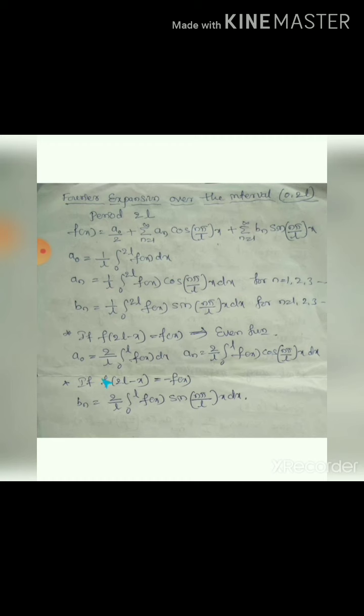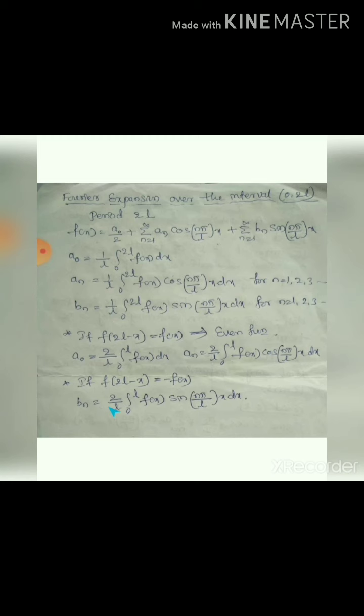Then no need to calculate bn, only have to calculate a naught and an. Therefore, a naught is given by, whenever our given function is an even function, 2 divided by l integration from 0 to l f of x dx, and an equal to 2 by l integration from 0 to l f of x cos n pi by lx dx.